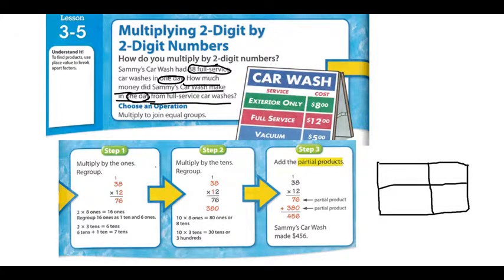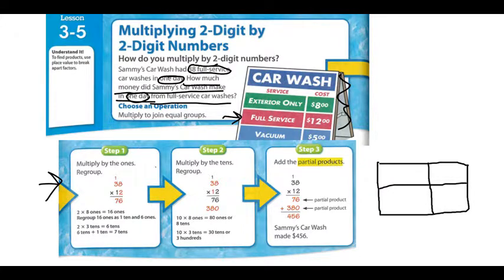Over here on this picture you see all the prices for the different types of car washes, and you see the full service right here. It says $12. So if there are 38 in one day, each is $12, then we know we need to multiply 38 times 12, which is what they show here in each step.